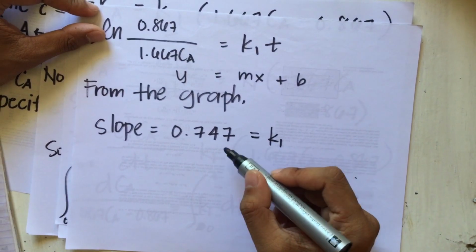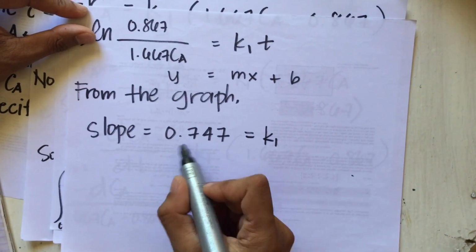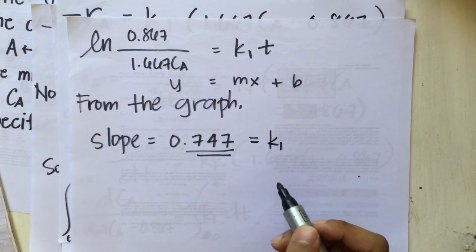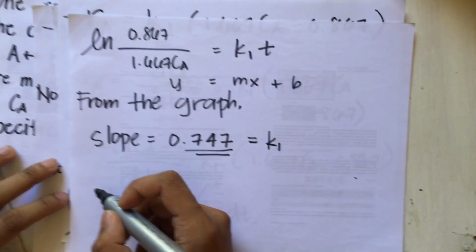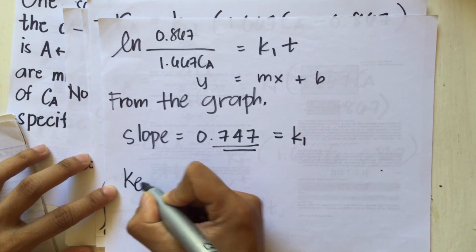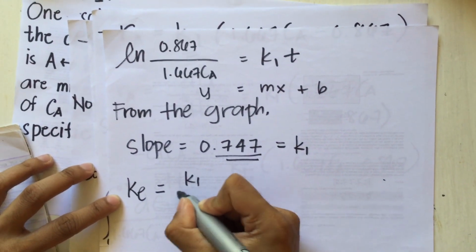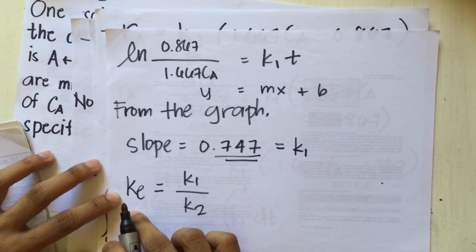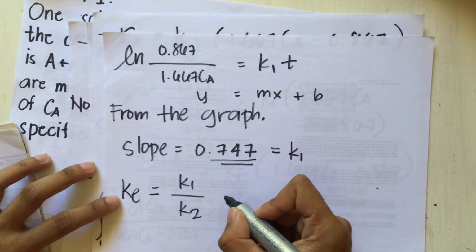So we now get the value of K1, which is 0.747. From this value of K1, we get the value of K2. We all know that Ke is equal to K1 over K2, and we have this value of Ke, which is 1.5 as we solved earlier.